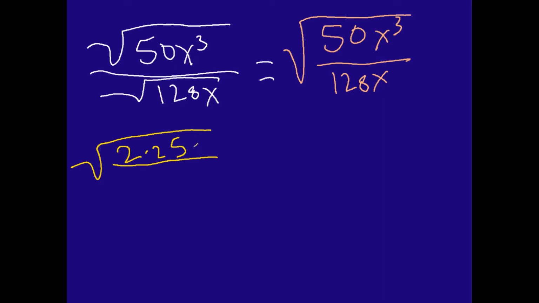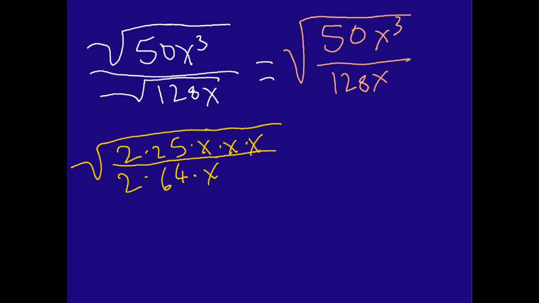Then I have my times x times x times x. You might not always draw all the variables, but I'm going to do that for this purpose. And then underneath that, I will start with 2 times 64 times x.